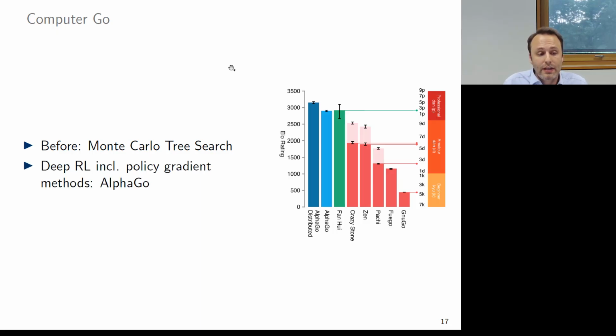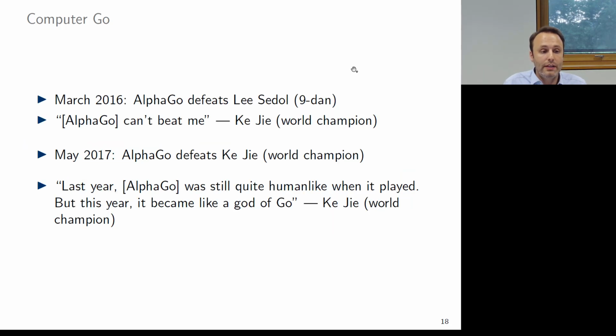But the success really happened when deep reinforcement learning started using policy gradient methods, and AlphaGo could beat Fan Hui, one of the best players in Europe. And not only that, in March 2016, AlphaGo defeated Lee Sedol, who holds the rank of 9 dan, a very professional player.